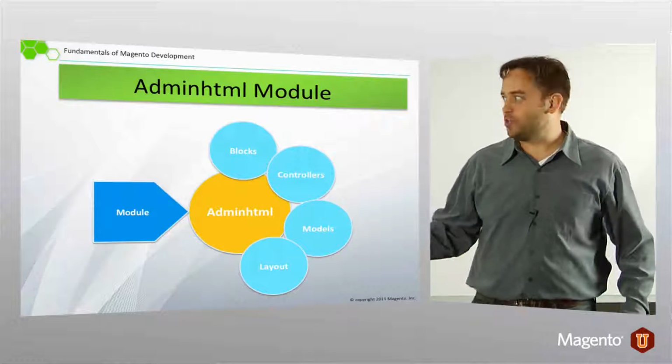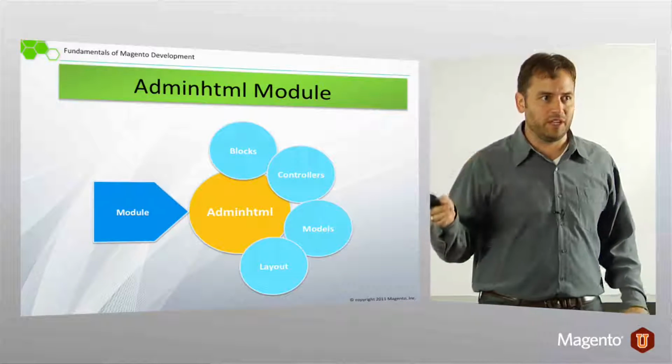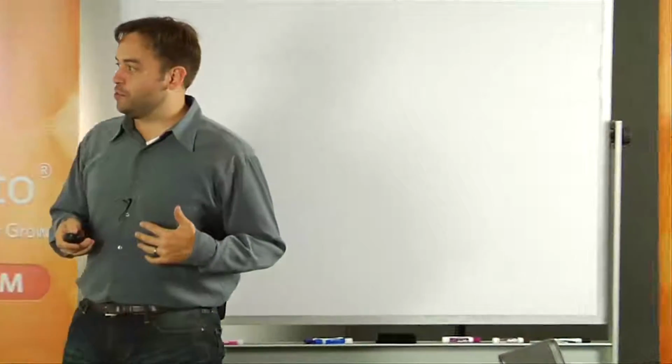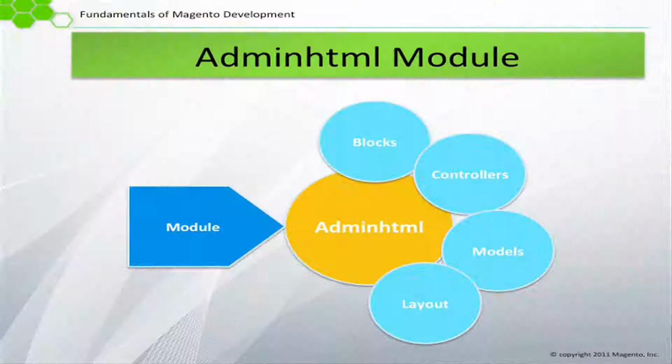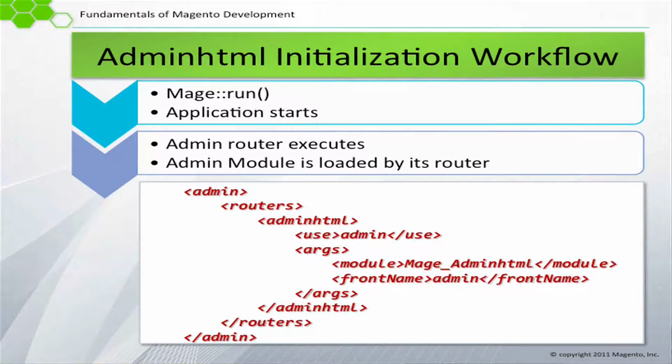So you open up the blocks folder in Adminhtml, and it's like you're looking at the Mage namespace again, because you'll see CMS, catalog, sales, everything. So again, fortunately, we don't have to do that now that we can rewrite things prettily. Moving on from there, Adminhtml, similar to the front end, has an admin router.